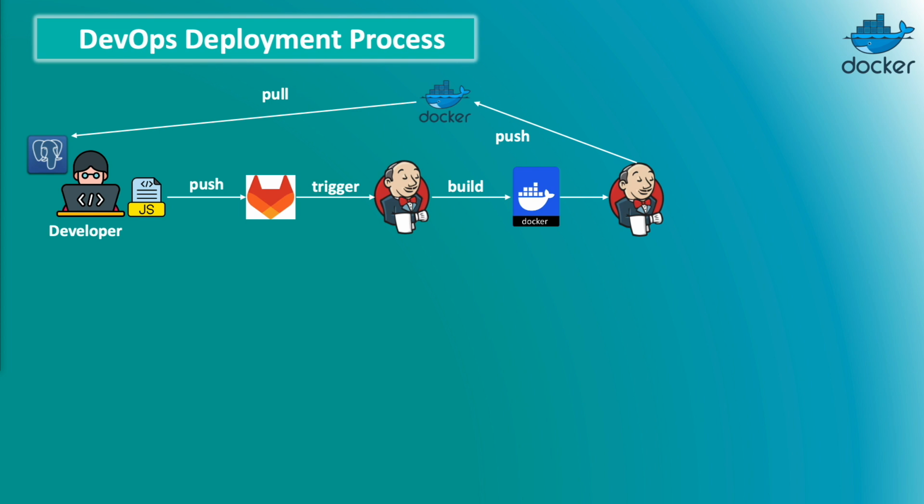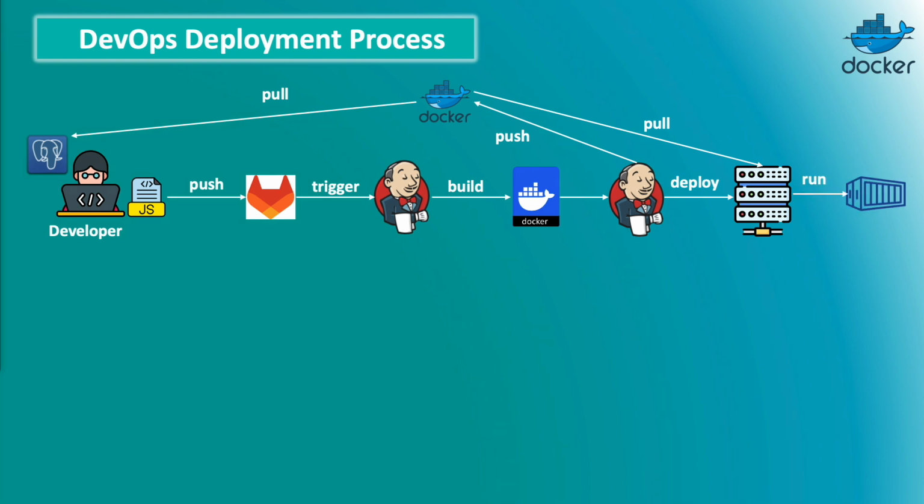Jenkins will then trigger the deployment process for the servers and first pull the Docker image from the private Docker registry to the server. Then Jenkins will run the Docker image inside the server and the application will be deployed as a container. You may have automated or manual testing stages in between, and the automated test scripts can be integrated in this Jenkins CI/CD pipeline.